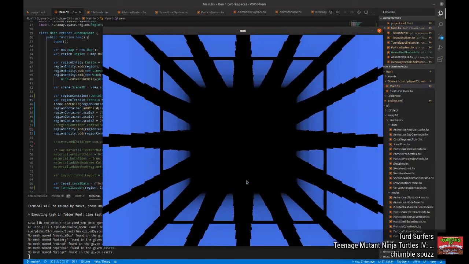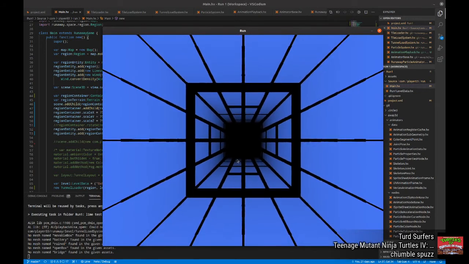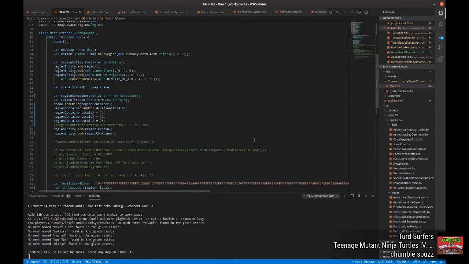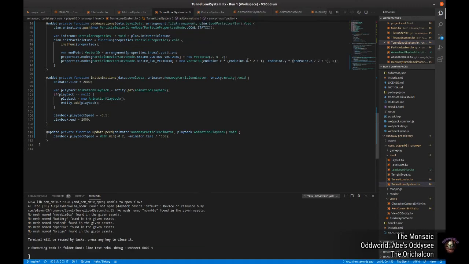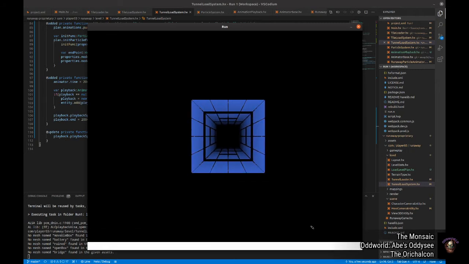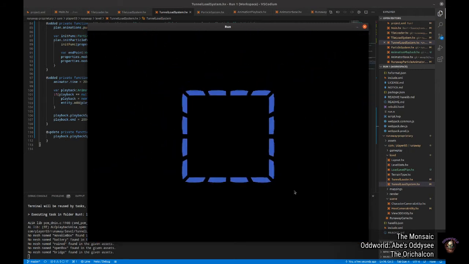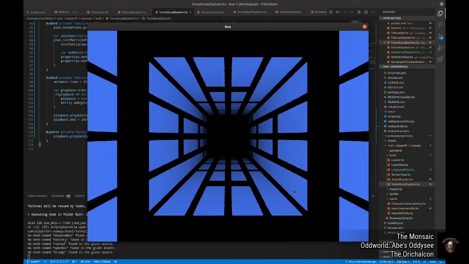So this is not 100% what I'm going for, but stuff like this is the reason that I'm so excited about particles.